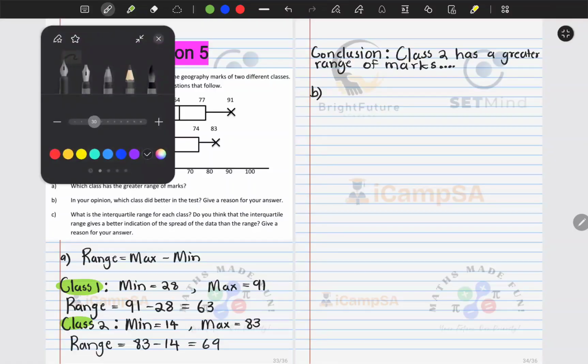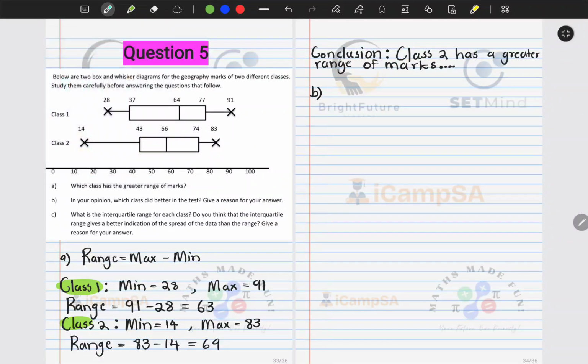So let's look at these two carefully here. If you observe, this is negatively skewed.